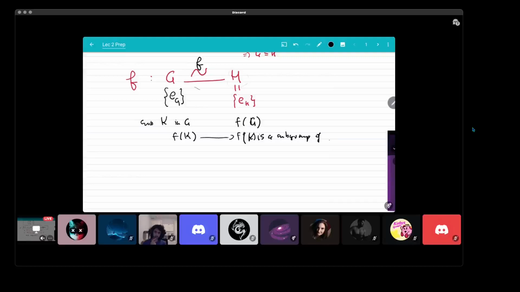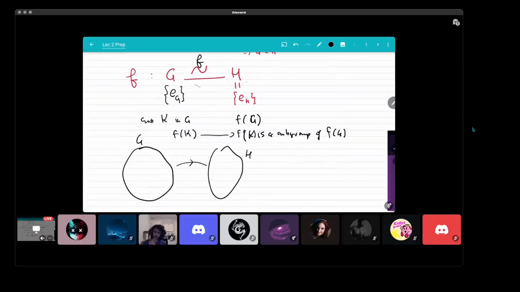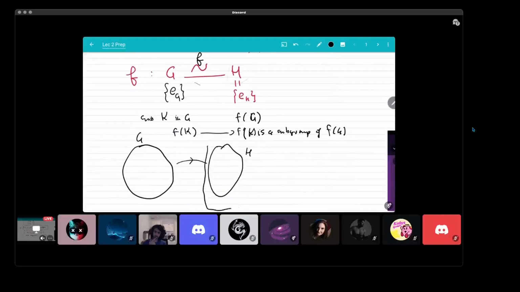of F of G. So if we have our original G going to H, say this bigger one is H and this is the copy of G inside H, whenever we have a subgroup in G, that also gets transferred with the isomorphism into its copy.